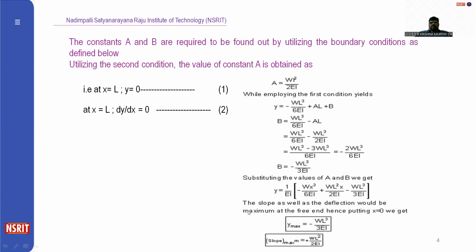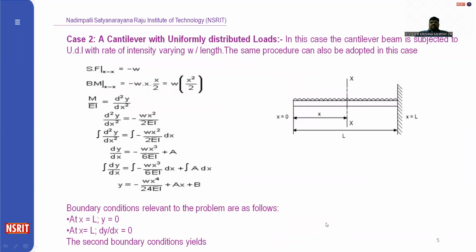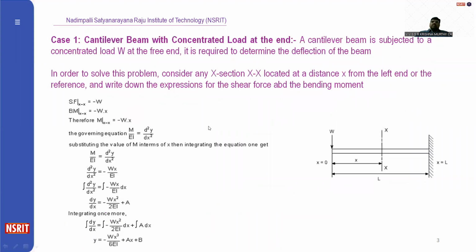The maximum deflection occurs at the free end, so put x is equal to 0. Y max will be minus W L cube by 3EI, as the other terms are removed. That is the first case, the cantilever beam with a concentrated load at the end. I hope it is very easy to solve.